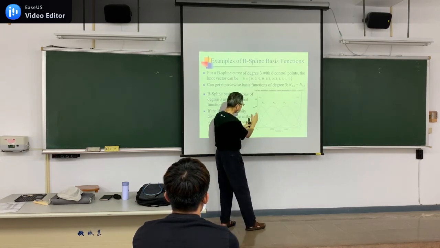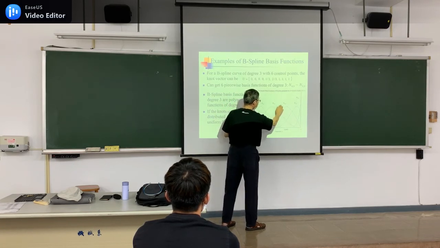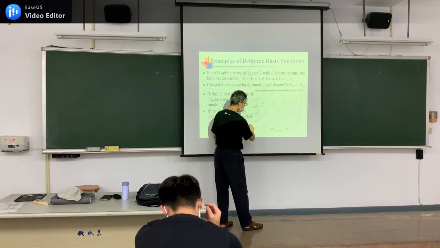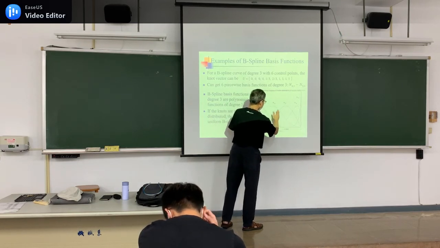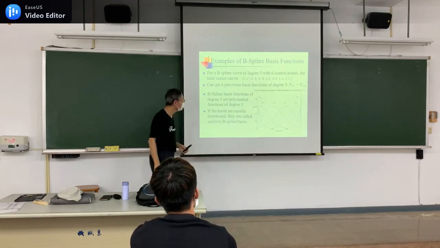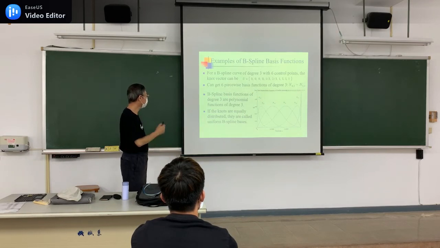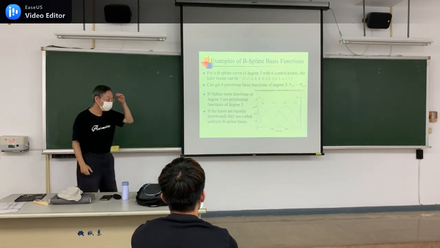And then gradually, for example, this is the middle one. These two are the middle ones. They are equally spaced, and there is more weighting in the middle. So this is P0, P1, P2, P3, P4, P5.